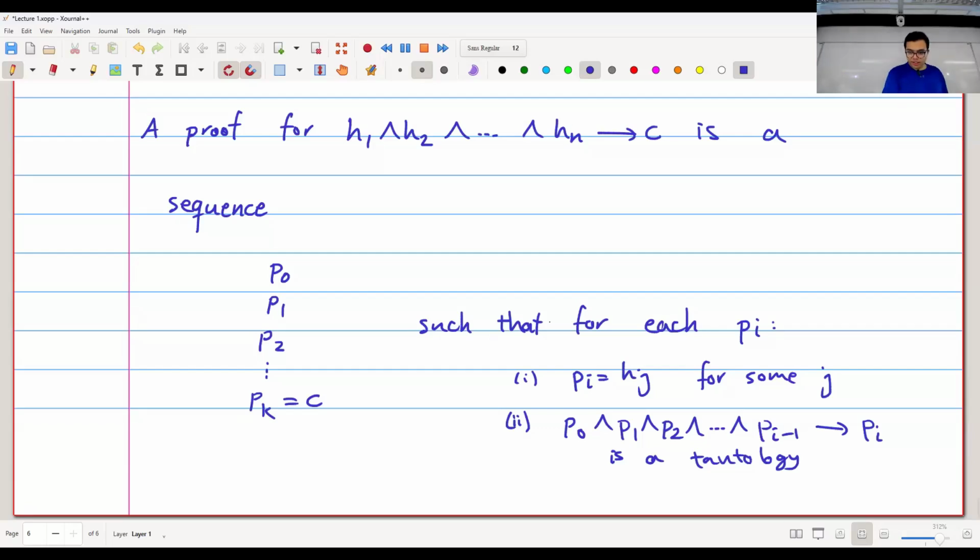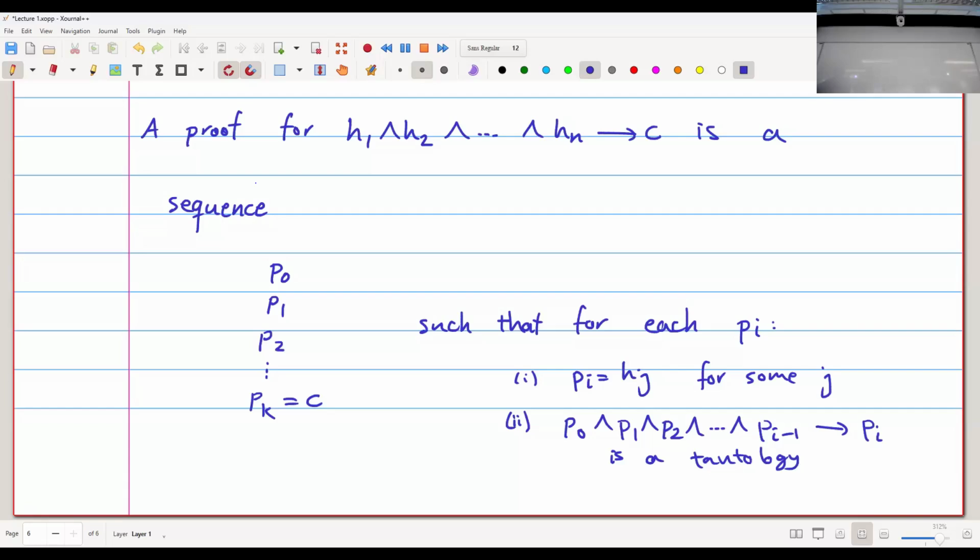So we somehow need rules that would allow us to prove this part, because at the end of the day, I don't want to create any of those horrendous truth tables. Of course, now I don't have to create a truth table for the whole thing. But the problem is that in part 2 here, I'm saying that P0 and P1 and Pi minus 1 imply Pi.